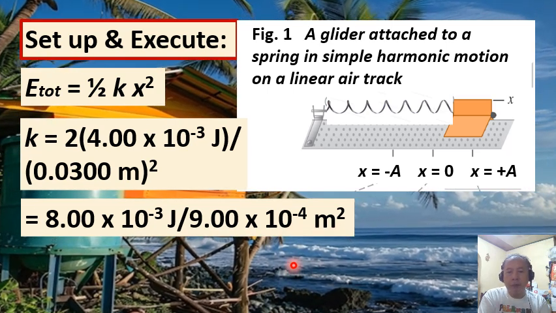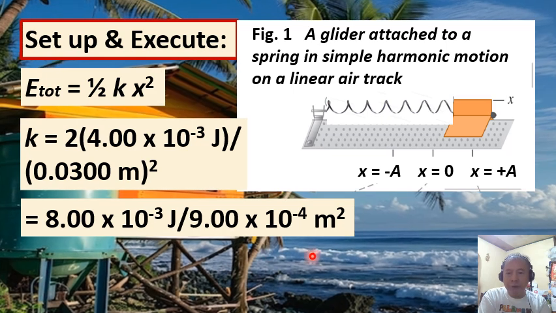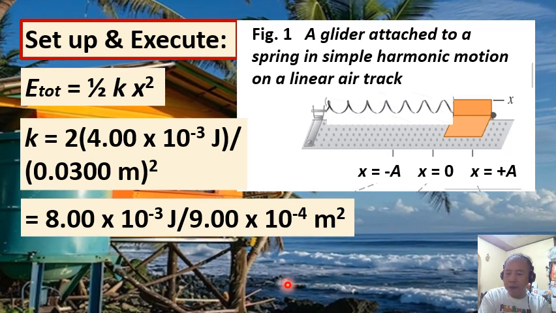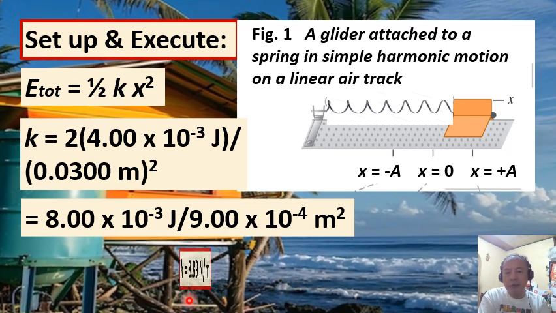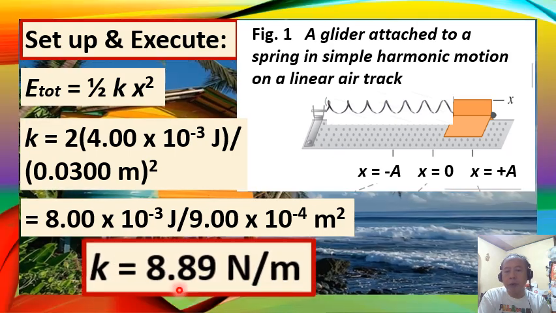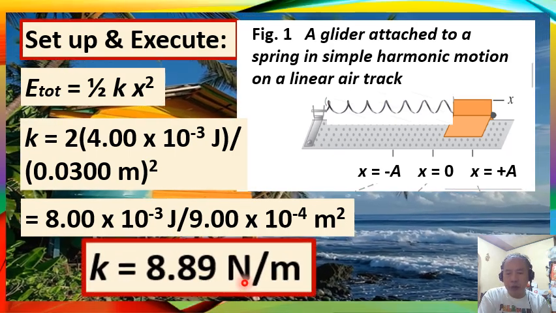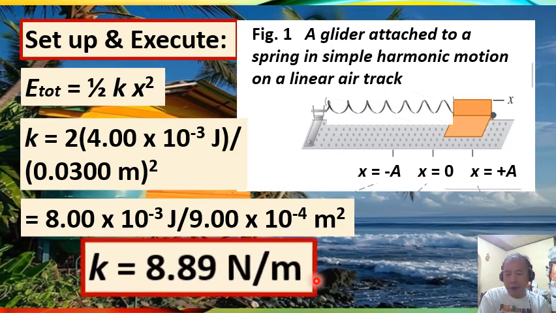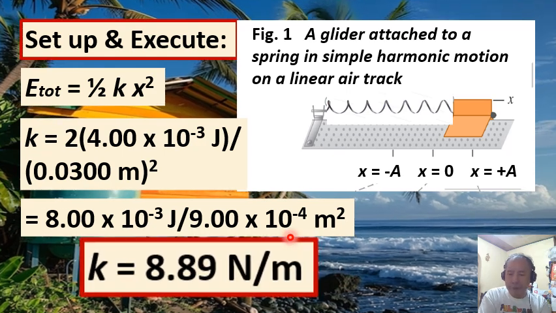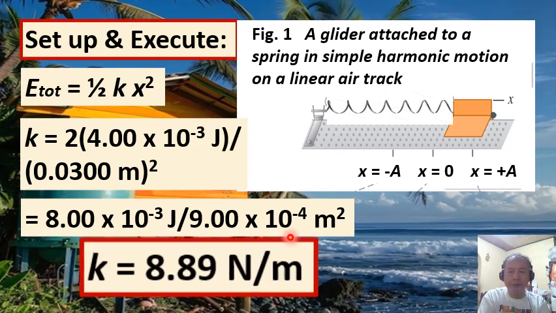And simplifying further, of course, we get the value of the force constant K equal to 8.89 Newton per meter in 3 significant figures as well.